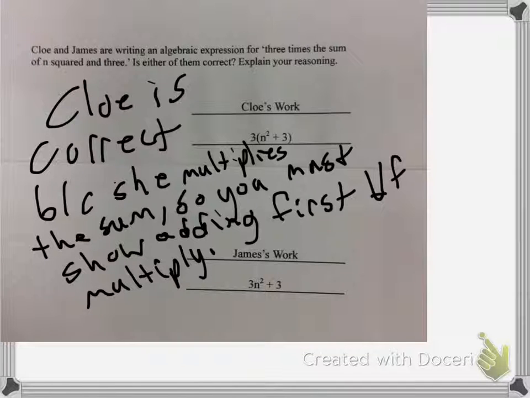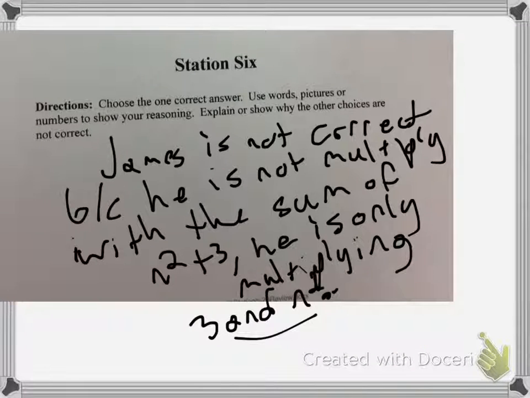Alright, right here Chloe is correct because she multiplies the sum. So you must show adding first before multiplying. So that's why you have to use the parentheses here. Now James doesn't do that because he doesn't multiply with the sum.